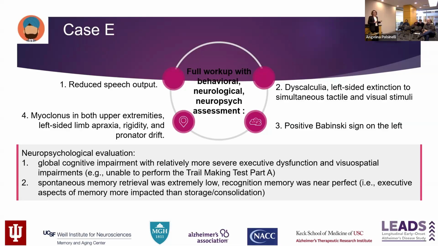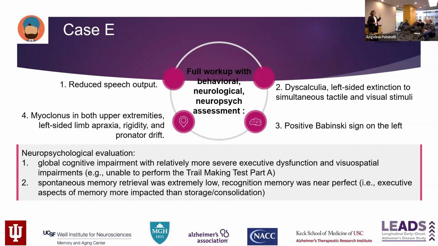Rigidity, just stiffness, and then the pronator drift is you close your eyes, put your palms up, and then you have one hand that drifts back over. So those are indicators of some upper motor neuron issues. He had a positive Babinski sign, which is another indicator of an upper motor neuron disorder. And he had trouble with calculations and left-sided extinction to simultaneous tactile and visual stimuli.